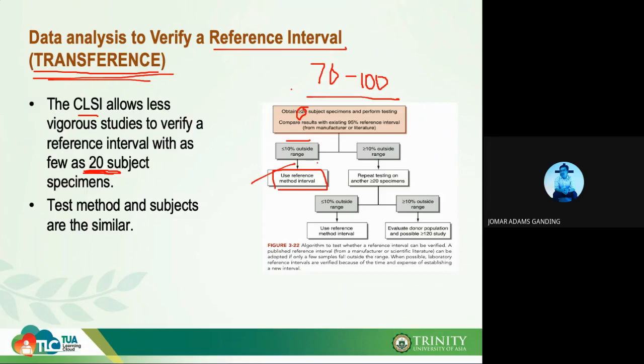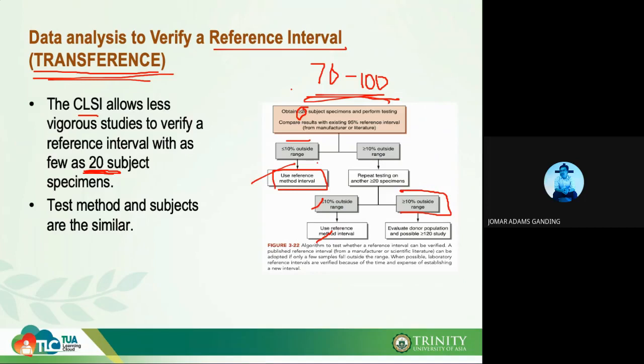Now, if your data has only less than 10% error, then well and good, you can now use the 70 to 100. Are you getting me? But what if there are still greater than 10% outside the range? What will you do?